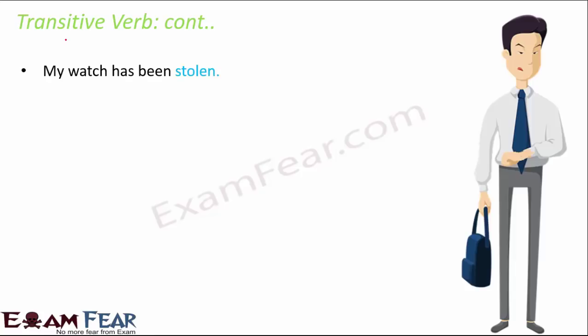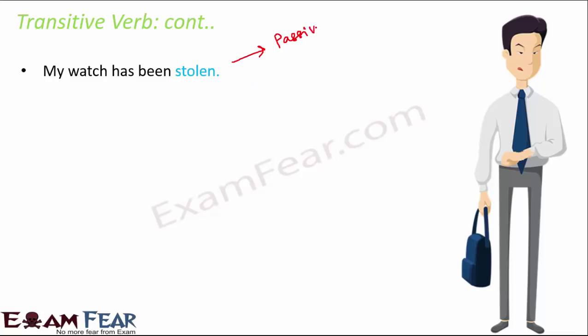So now we will try to look at a little more different or complex sentences. For example, my watch has been stolen. Now, normally whenever we have to identify a transitive verb in a sentence, the first thing that we will look for is the object. So we will first check if there is an object in the sentence. So if there is no object at all, then obviously the verb is not a transitive verb. But in this case, the sentence is in passive voice.